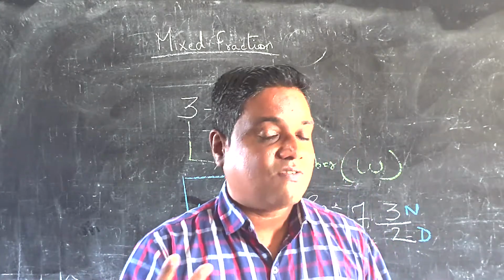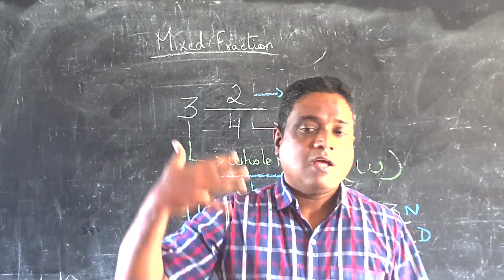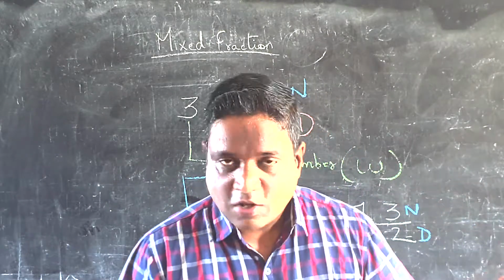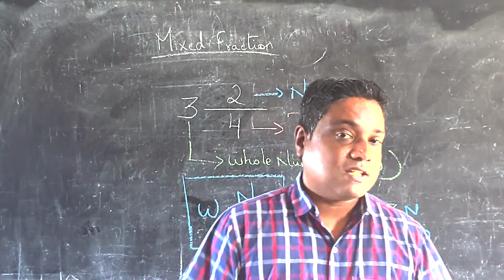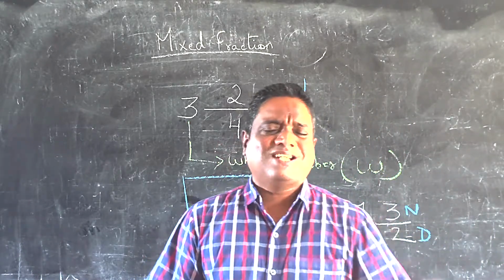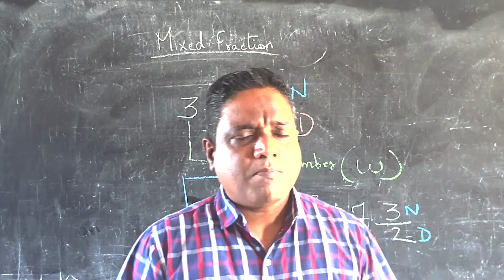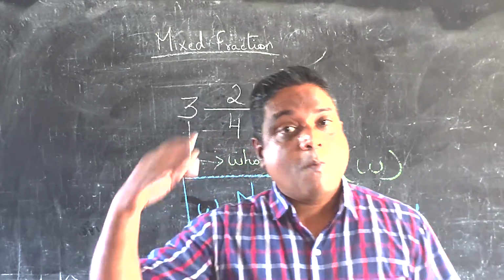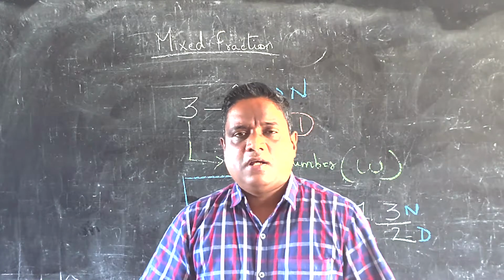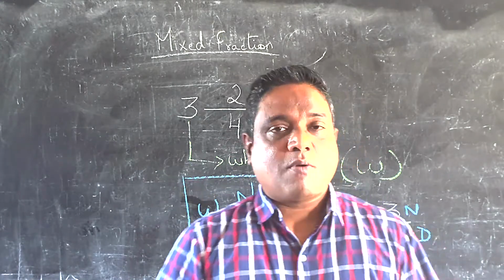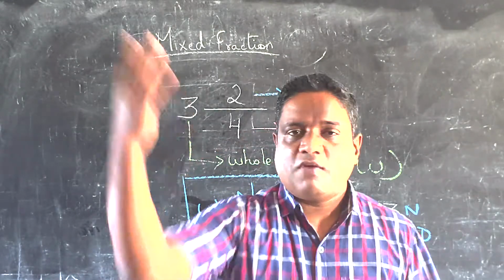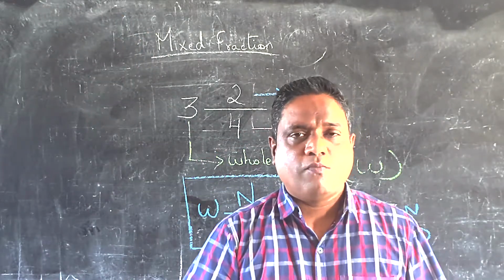Can we revise all these fractions? A fraction has a numerator and a denominator. What does the proper fraction say? The numerator is less than the denominator, like 1 upon 2, 2 upon 4, 5 upon 10.